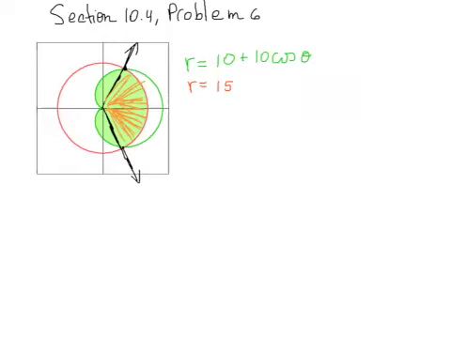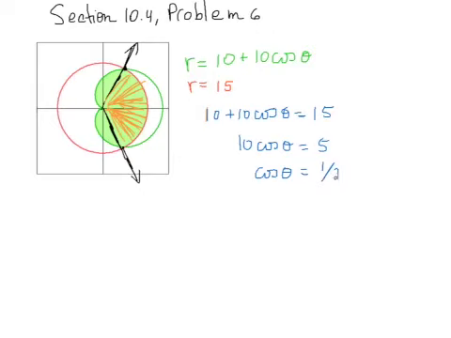Right, so let's find those points of intersection. I'm going to change colors here to blue, say. So 10 plus 10 cosine theta is 15. 10 cosine theta equals 5. Cosine theta then is 5/10, or a half.